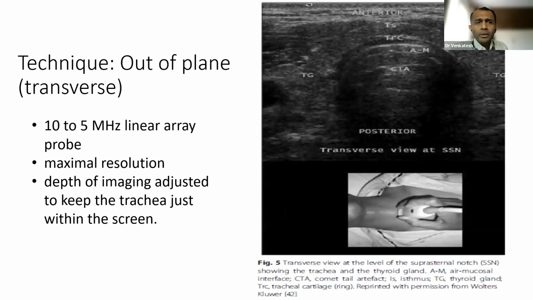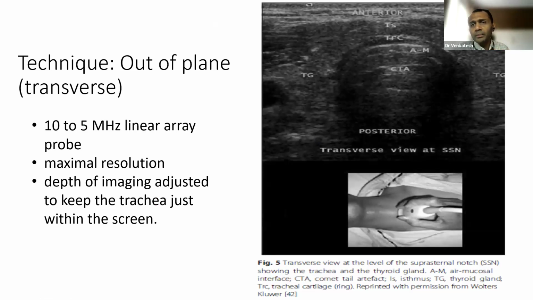You use the linear array probe, the 5 to 10 megahertz linear array probe, at maximal resolution. The depth of the image is adjusted to keep the trachea just within the screen. Make sure that the trachea is in the center of the screen.